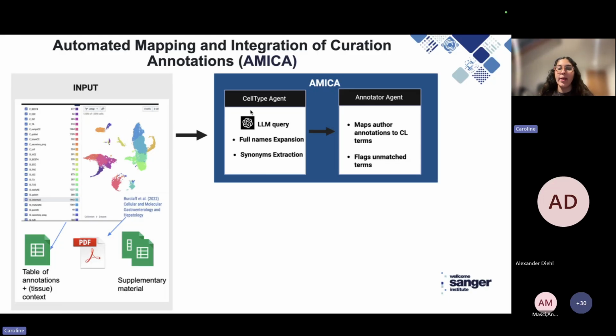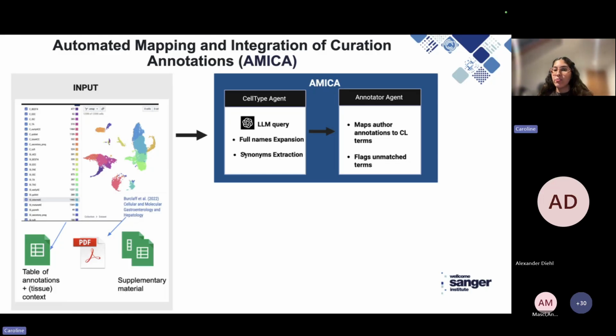In the first step, a specialized agent reads these publications to expand the author cell type names. If they are short-form cell names, it expands them to full names and also extracts any synonyms provided or mentioned in the publication.